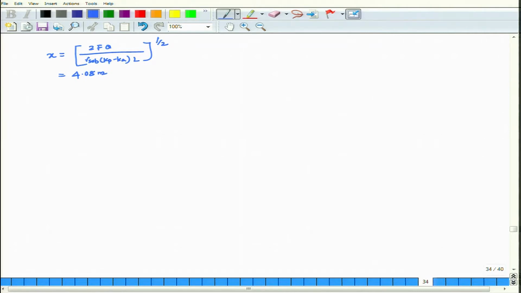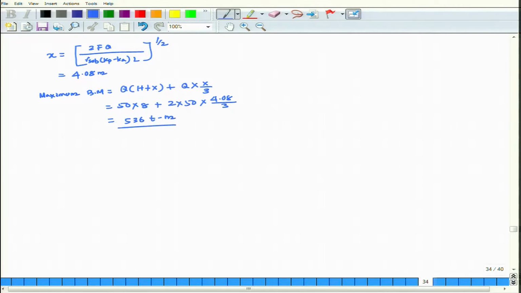Maximum bending moment is equal to Q into h plus x minus Q into x by 3, which is equal to 50 into 8 plus 4.08 minus 50 into 4.08 by 3, which comes out to be 536 ton meter.